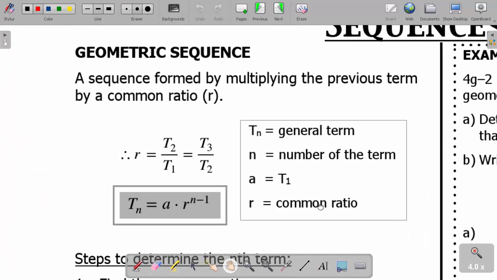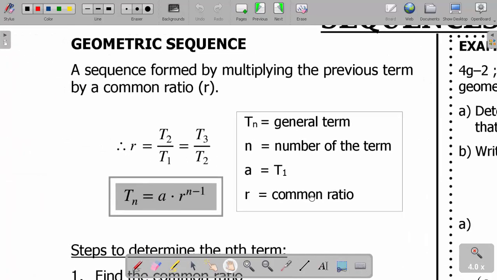A geometric sequence is a sequence formed by multiplying the previous term by a common ratio.